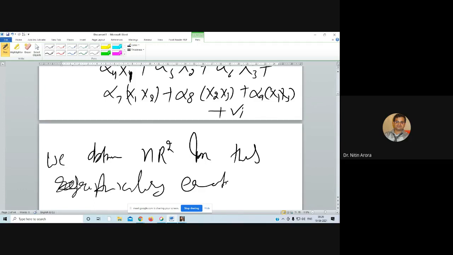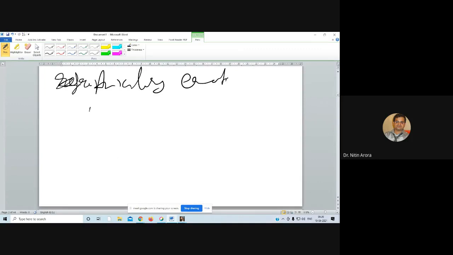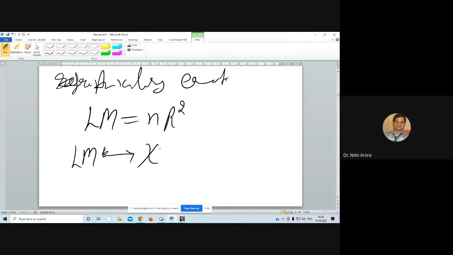After estimating this equation, some r square is obtained and we multiply n with this r square. This nr square is called the Lagrange Multiplier (LM) statistic. This LM approaches a chi-square variate.